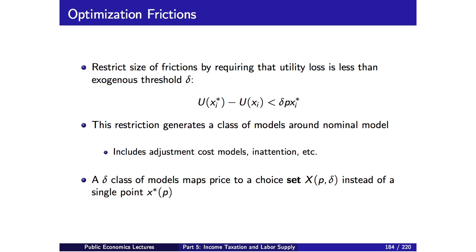So that's why this turns out to be a good restriction, that no matter what all the complicated structure of the model looks like, you're going to satisfy this condition. That might also be true for other types of models of frictions, like inattention, if you think that you pay attention to things that are important but might neglect things that are not that important from a utility point of view.